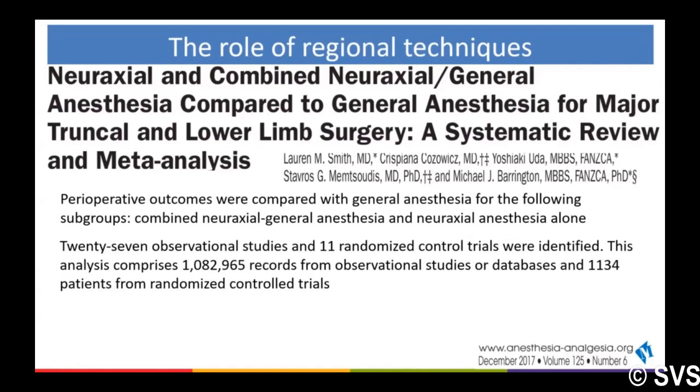And they found that perioperative outcomes were compared with general anesthesia for the following subgroups: combined neuraxial-general anesthesia and neuraxial anesthesia alone. 27 observational studies and 11 randomized controlled trials were identified. This analysis comprises more than 1 million records from observational studies or databases and more than 1,100 patients from randomized controlled trials.